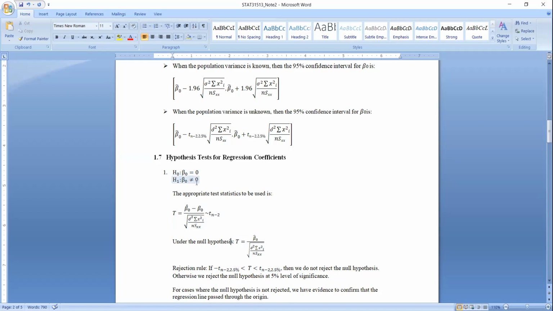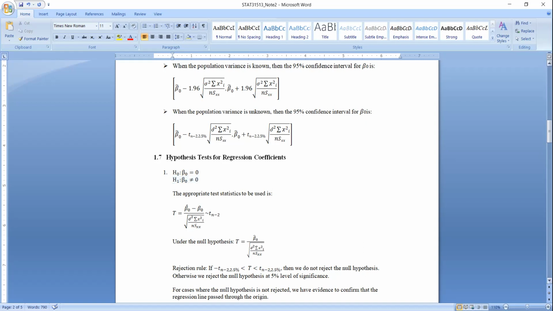So in that case, we can confirm the calculated intercept value is correct. We have evidence to confirm that this regression line has an intercept value, right?